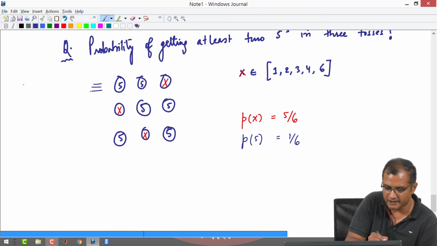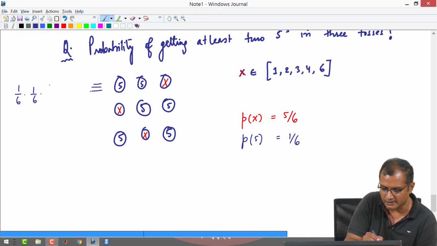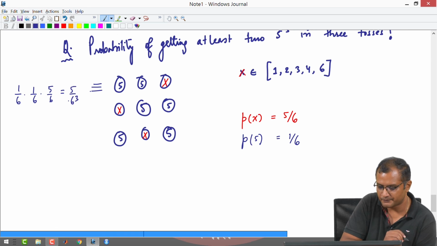The probability of getting a 5 is 1 by 6, and the probability of getting another 5 is 1 by 6, and the probability of getting an x is 5 by 6. Which is basically 5 by 6 cube.